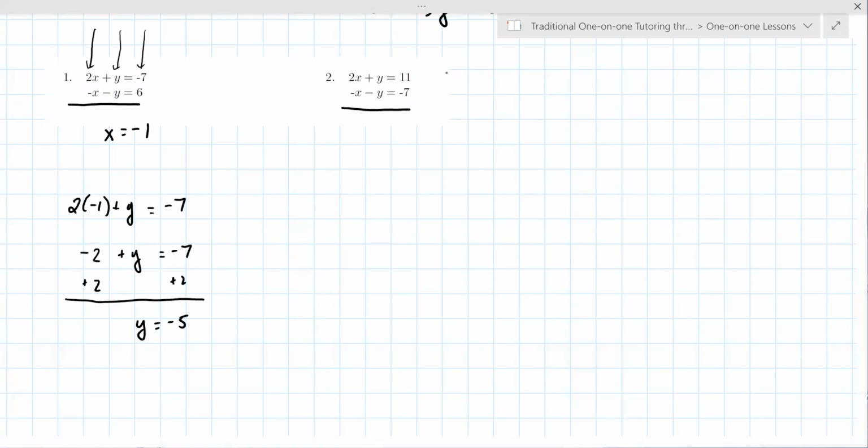Okay. So try number 2 over here. I'll give you about 60 seconds to see if you can work that out, and then we'll move on to some more difficult ones if you get those.